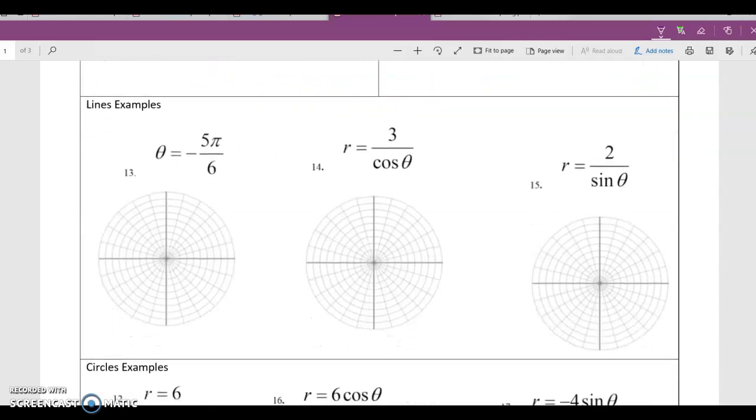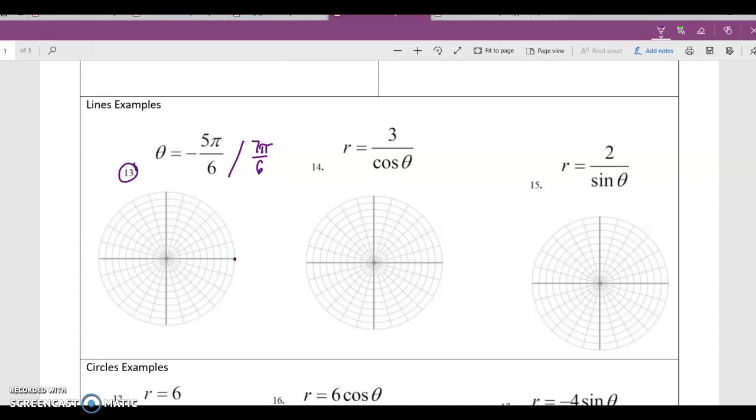So our first example here, number 13, is that theta is equal to negative 5 pi over 6. And remember, negative 5 pi over 6 is the same thing as 7 pi over 6. So remember that we are looking from our positive x-axis, and we're looking to measure where 7 pi over 6 is.